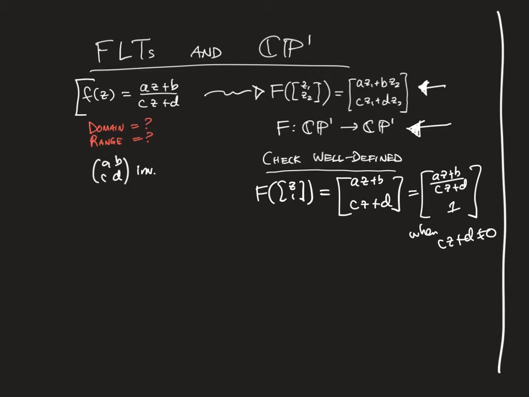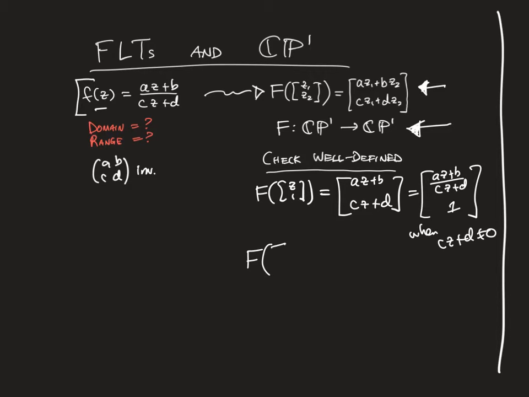And so it agrees with the function f(z) when everything stays in C. But the nice thing about this formula is that we don't have to worry about it. And we do have to check that it's well defined.